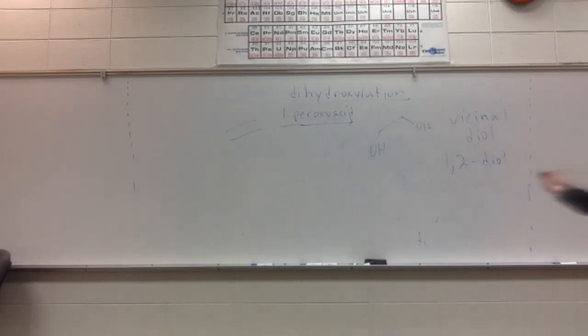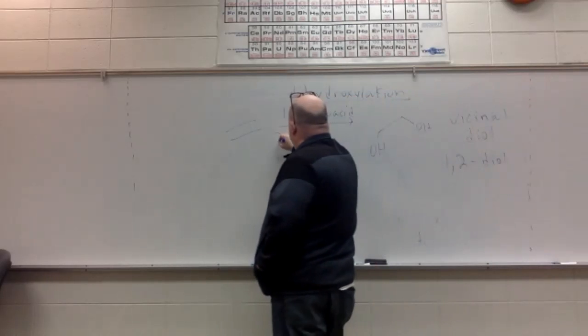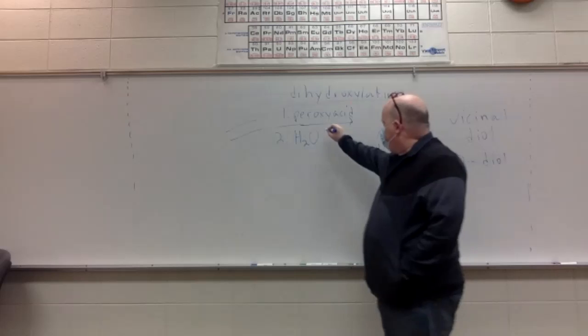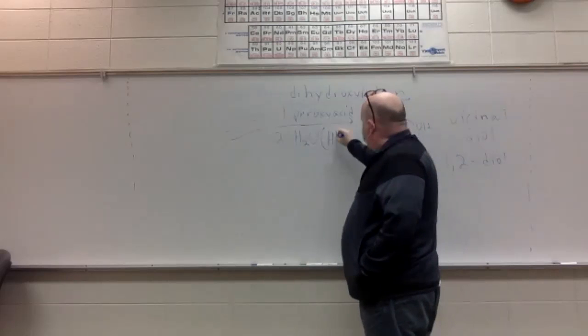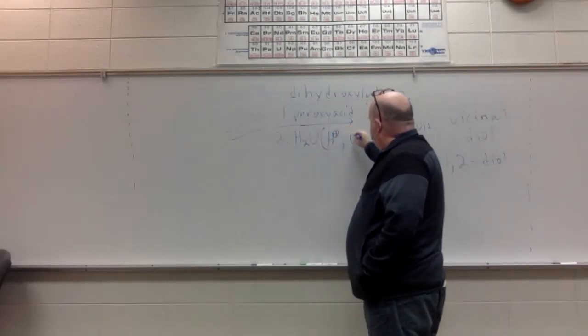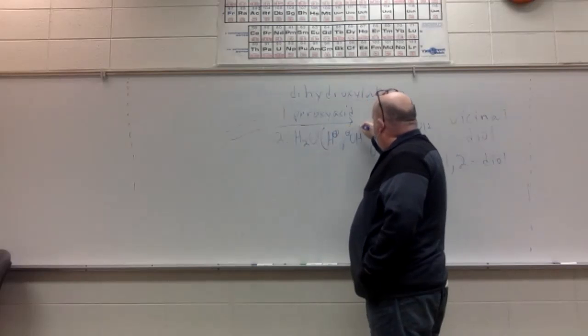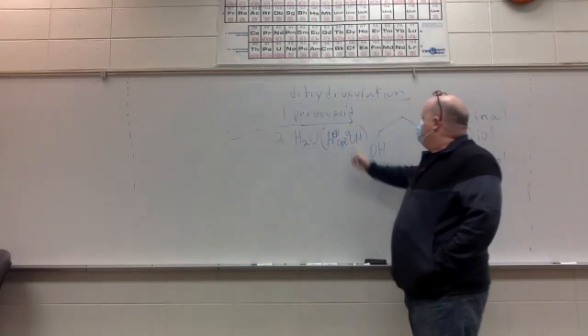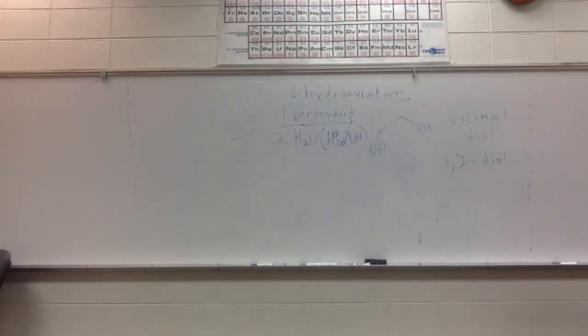Right? So you make the epoxide first, and then you add water in the presence of either acidic or basic media. So in the presence of H plus or OH minus. Different ways to do it, but it gives you the same results.